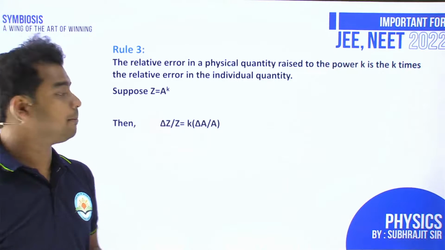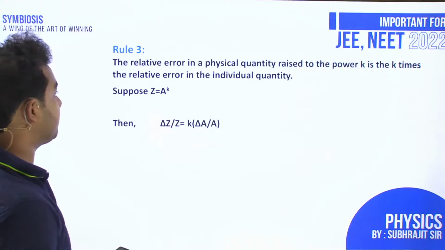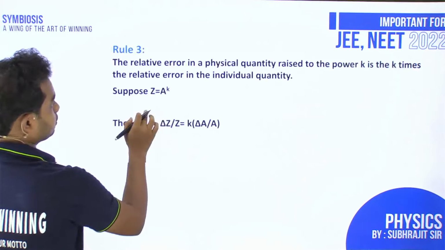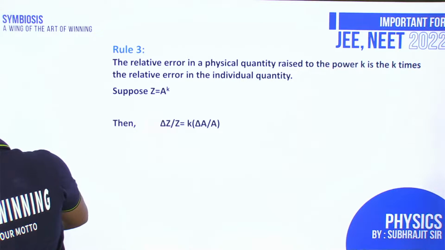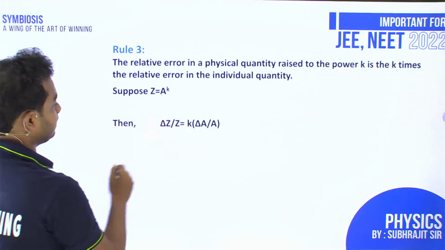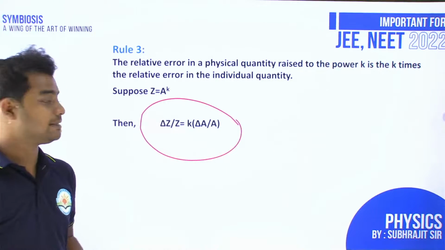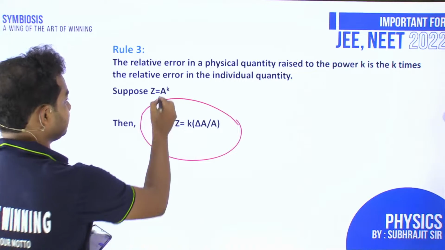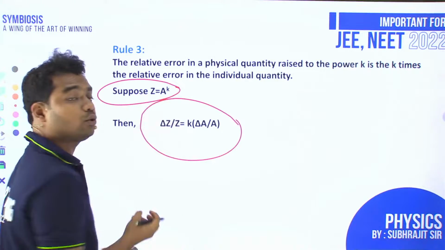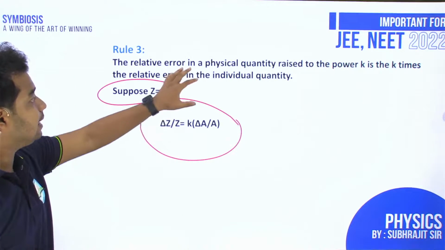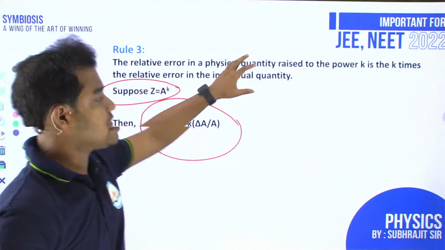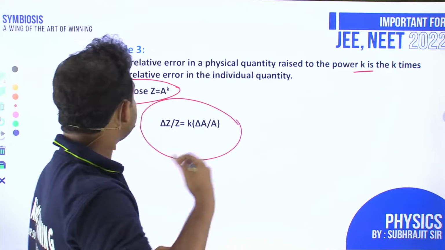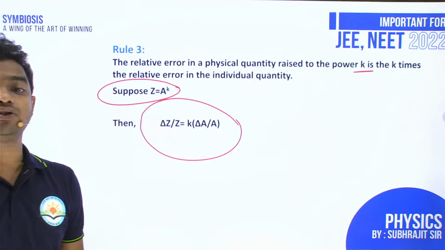Here is rule number 3. Rule number 3 is del Z divided by Z equals K into del A divided by A, where we let the equation be Z equals A to the power K. Here, the relative error in a physical quantity raised to the power K is K times the relative error in the individual quantity.